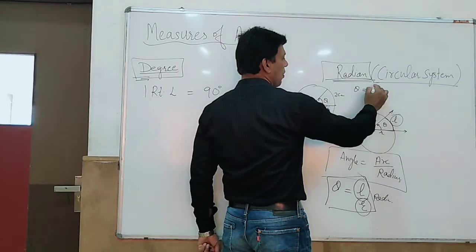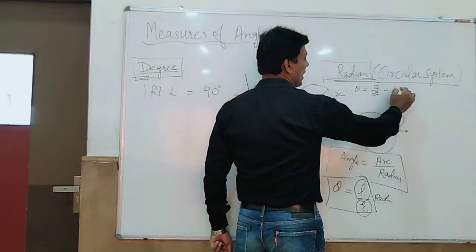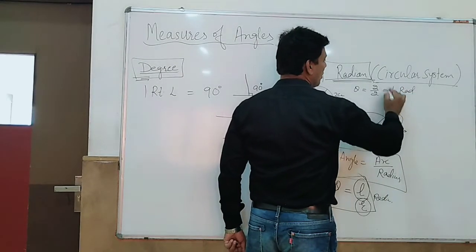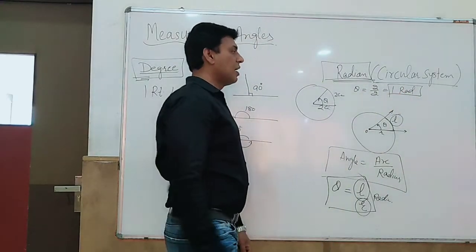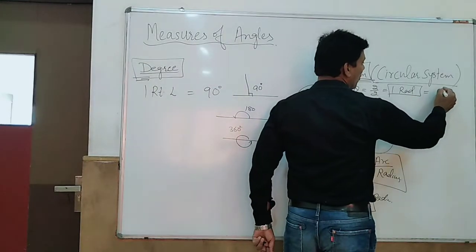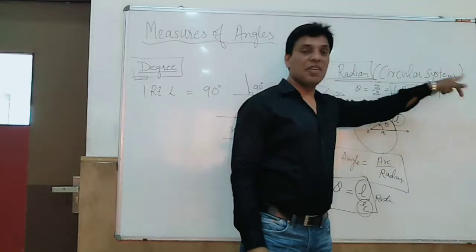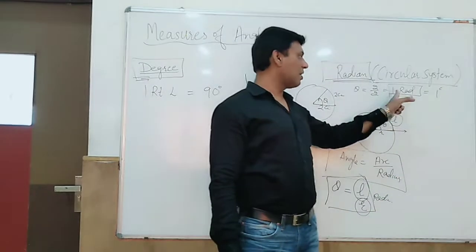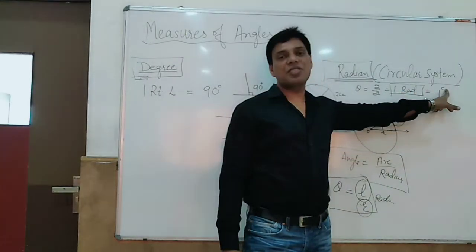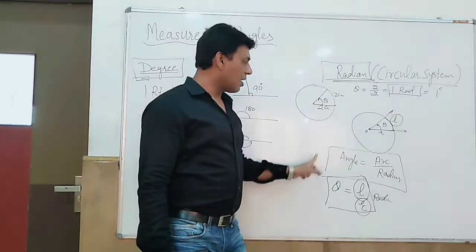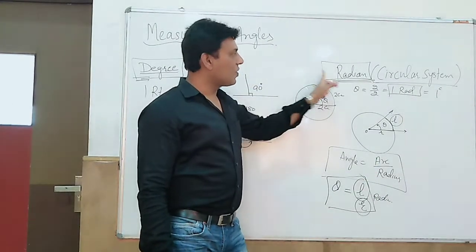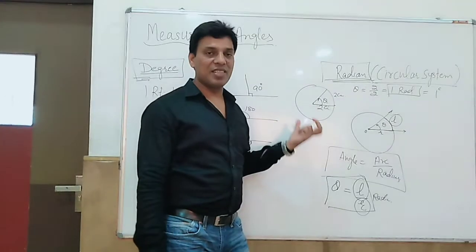Theta will be L upon r, that is 2 upon 2, that is 1 radian. So we used to write like this. And sometimes we can write 1 c, which means circular measure. C for circular measure. So we can write 1 radian or 1 c. So this is the radian system, or you can say the circular system of measuring angle.